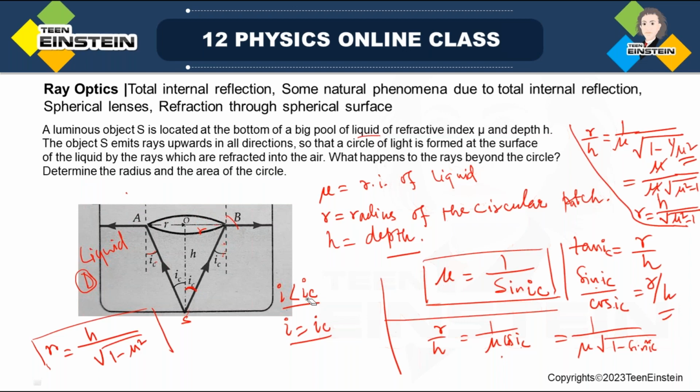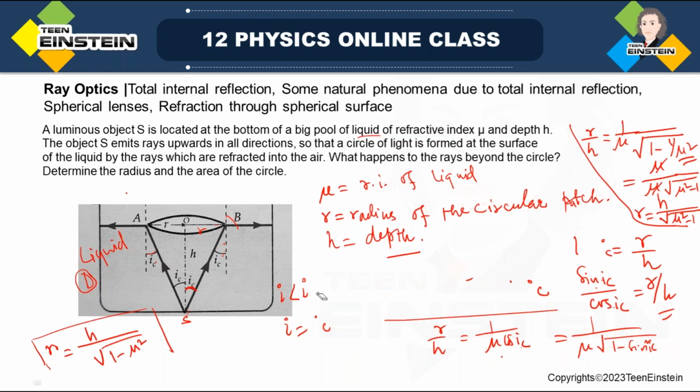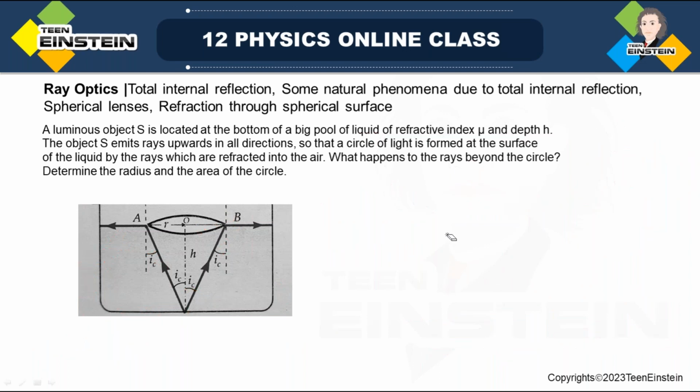Now what to find out? We have to find out the area. I'll just clean this portion. So what we have got, R is equal to H by square root of mu square minus 1.